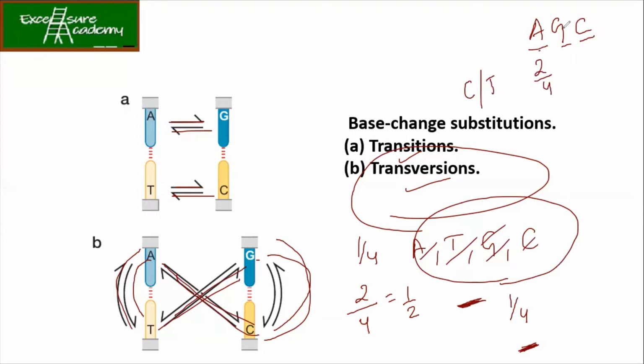Now for G, for a transversion to occur, again you can have either C or T, again 2/4, right? Now for C you are going to have either G or A, so again it is 2/4, correct? So the transversion happening in this sequence is going to be 1/2, 1/2, 1/2, that is 1/8.